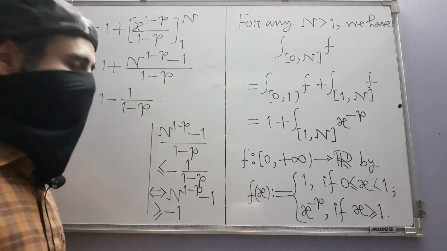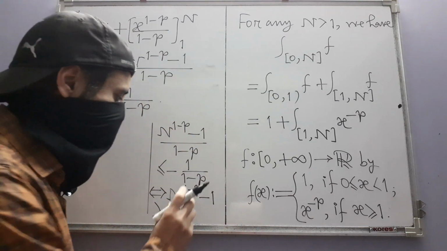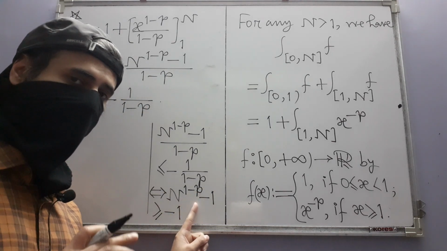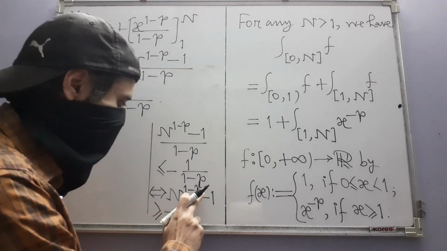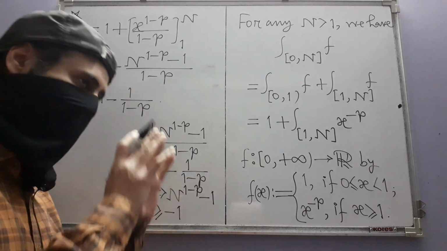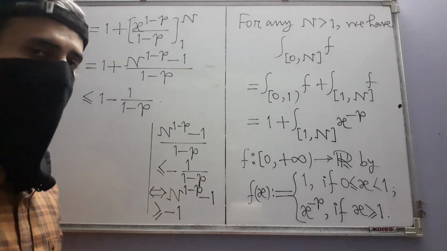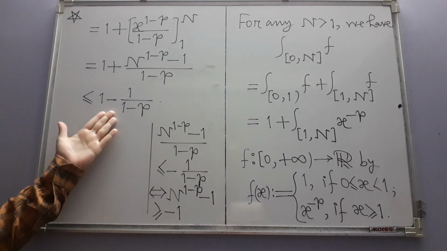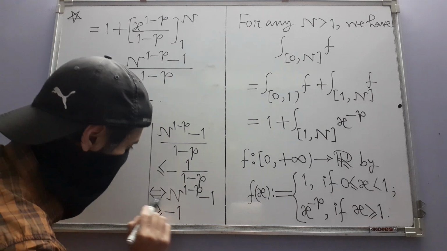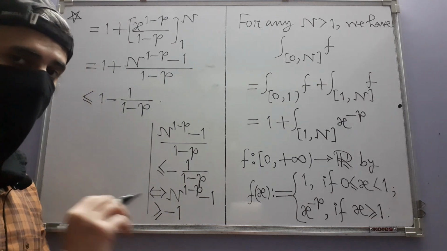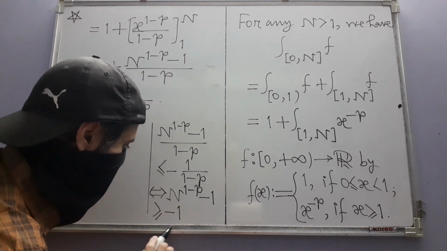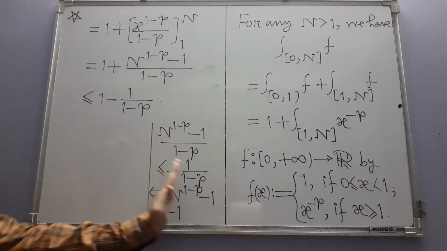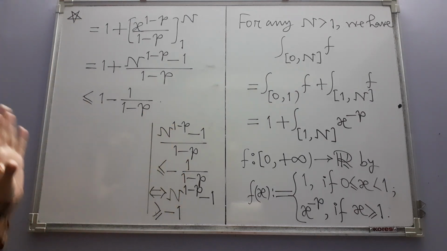And any power of a positive real number, whether the exponent is negative or not, will not affect anything. The power n to the power 1 minus p is positive, because the base is positive. This means that whatever we have written here, and that's why I was writing equivalence, not simply implies, you can go back from this to this. Just add 1 to both sides of this inequality, so that means this is correct.